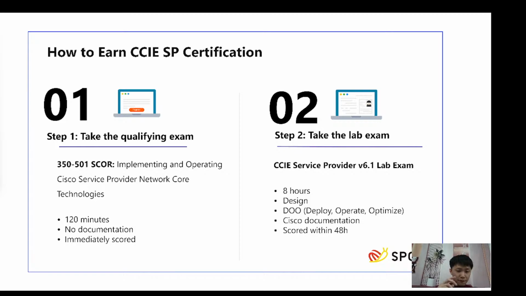Firstly, how to earn CCIE SP certification. You can see here there are two steps. Step one, you have to take the qualifying exam first. This exam is also called the writing exam, and you can see the exam code right here. It is 350-501. It is 120 minutes, and it has around 90 questions.